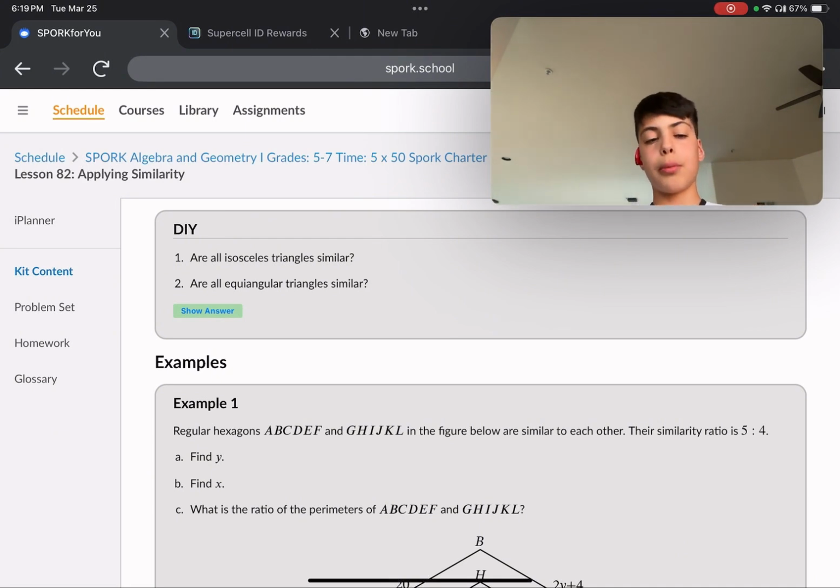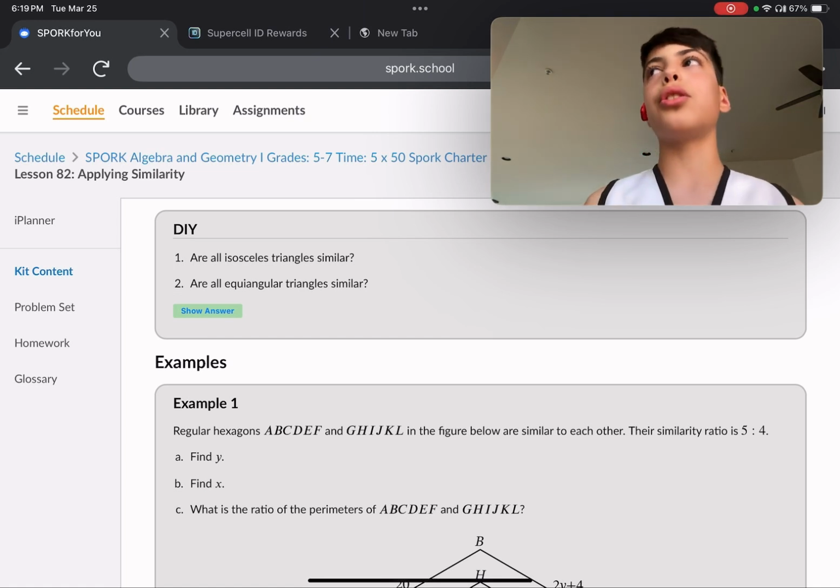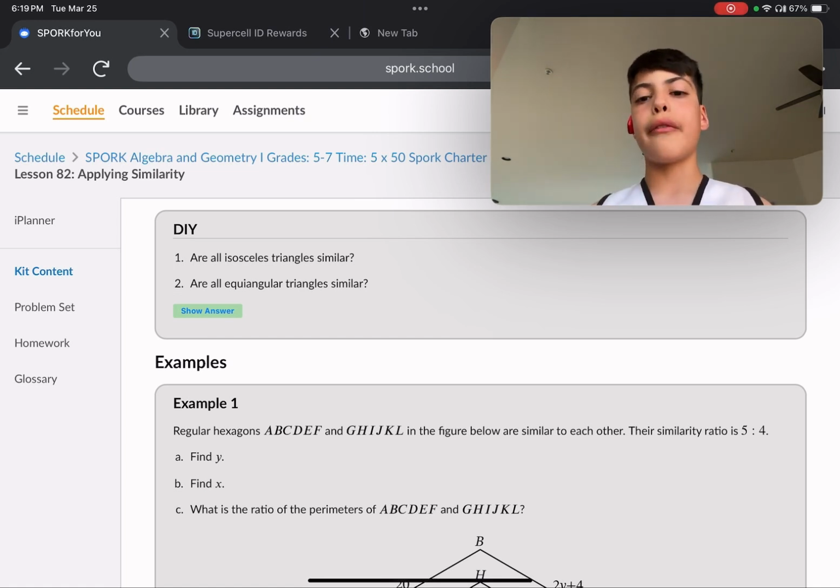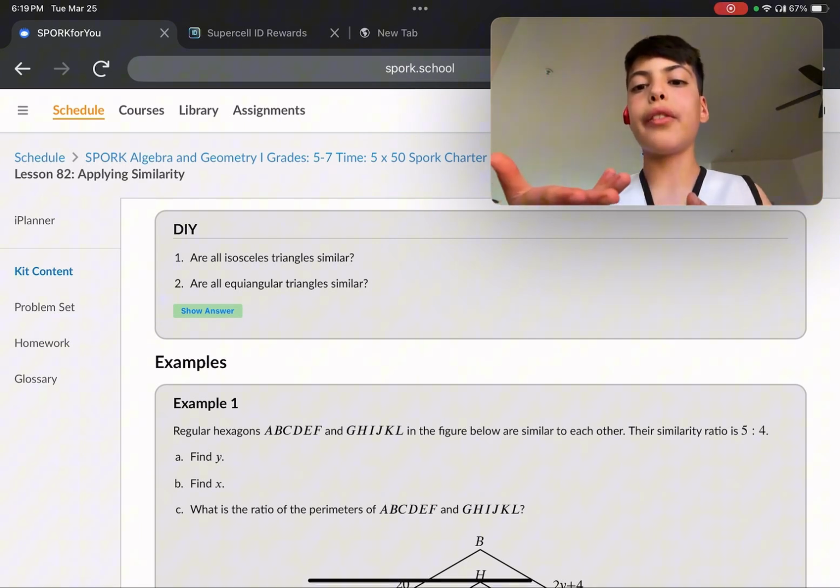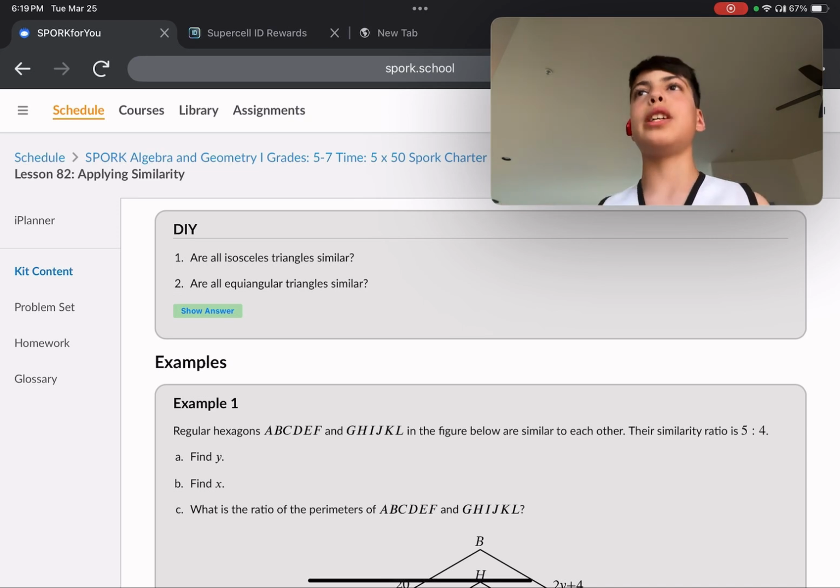So over here, number one, are all isosceles triangles similar? That would be incorrect, because isosceles triangles means two sides are the same, but the last side is not the same. Not all of them are similar, because there could be an isosceles triangle with a base of 5, and then the two legs would be, let's say, 10.